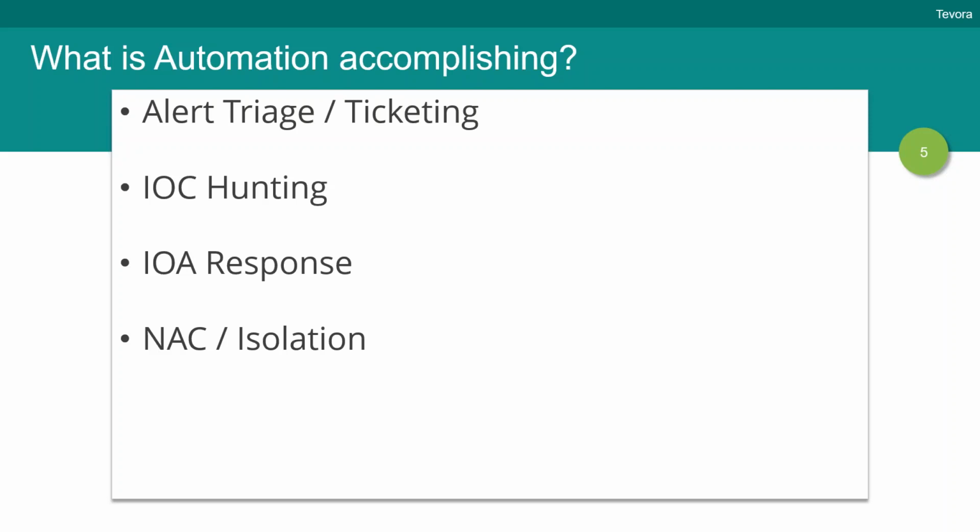Another thing is the indicators of attack response. This is similar to the whole alert triaging process, but one of the most important things about this is that it allows us to begin taking that initial response right away.